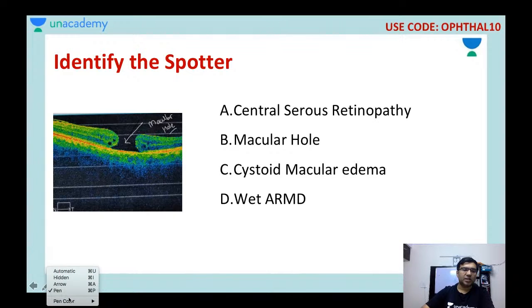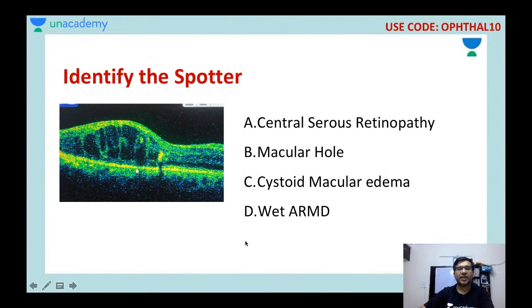A very common cause of macular hole is post-trauma. This is the B, that is macular hole. Chalo, let's move to our next question. Here we are getting some spaces in the inner layers of retina.